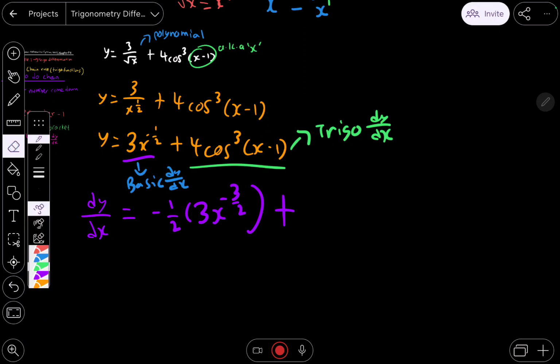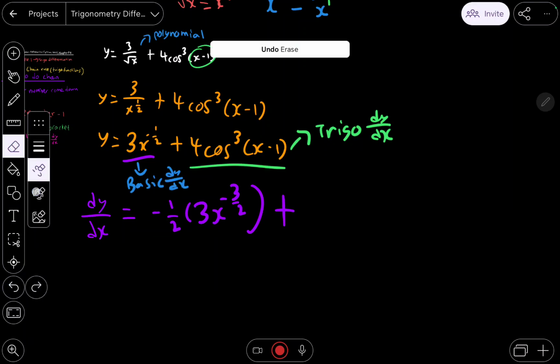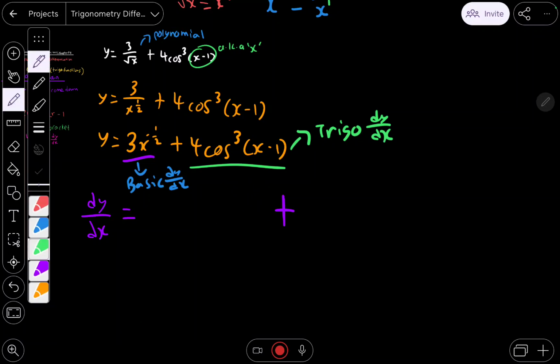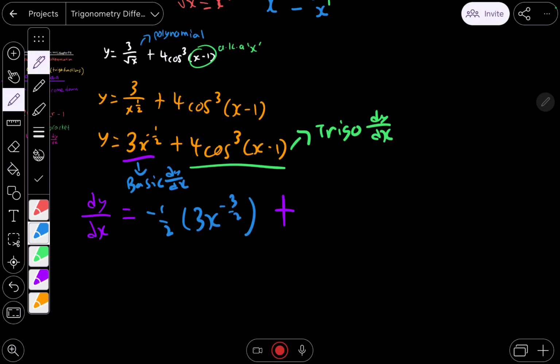Alright, so actually I'll write all this in blue so that you can see the different colors clearer. So trigo differentiation, remember? Power number bring down, so 4 times 3 will be 12. Alright, and then power number minus 1, 3 minus 1, which is 2, and then x minus 1.